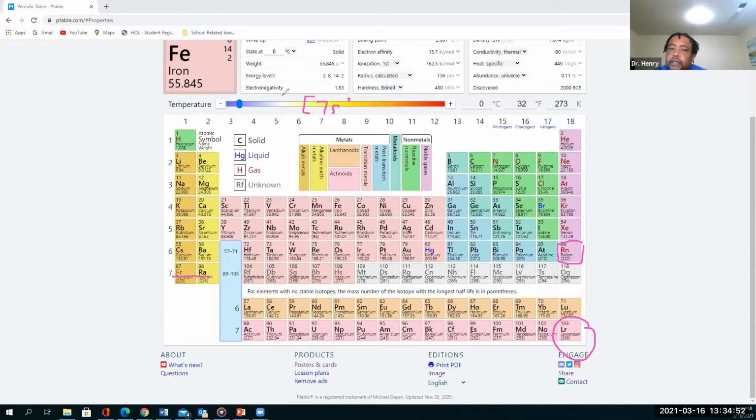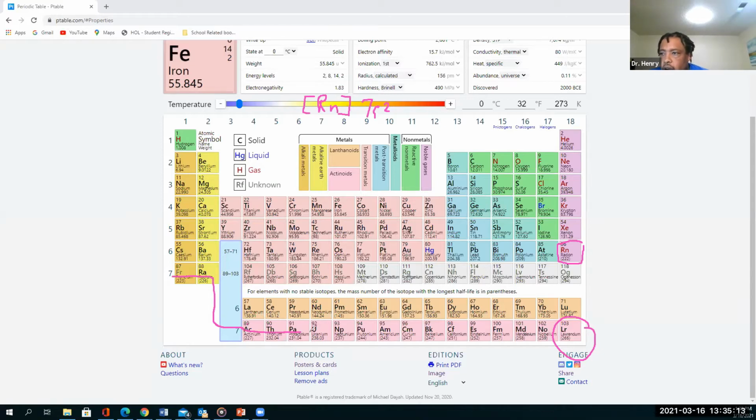Oops, sorry, getting ahead of myself. Rn, 7s2. Okay, so then look at the atomic number. This is 88, so that means we're going to go down here to find where 89 would go.